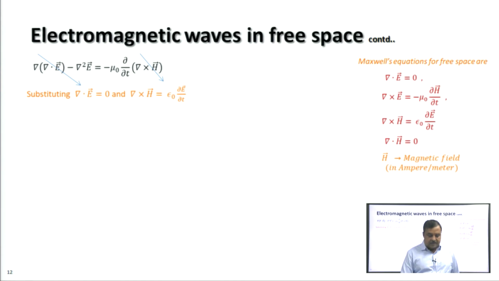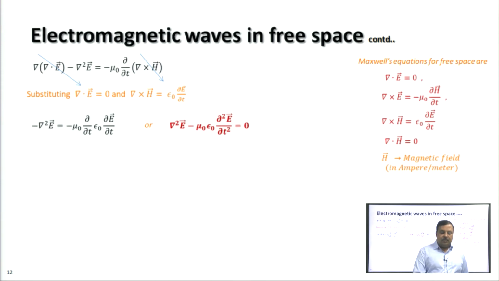So, we get minus del square E equal to minus mu 0 delta by delta t epsilon 0 delta E by delta t. This gives you del square E minus mu 0 epsilon 0 delta 2 E by delta t square equal to 0.